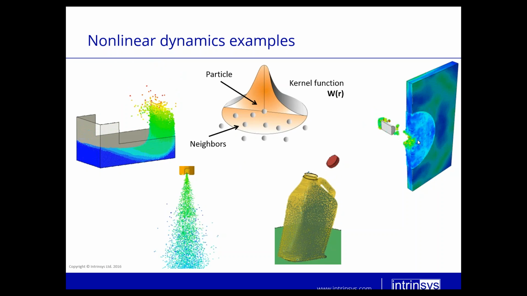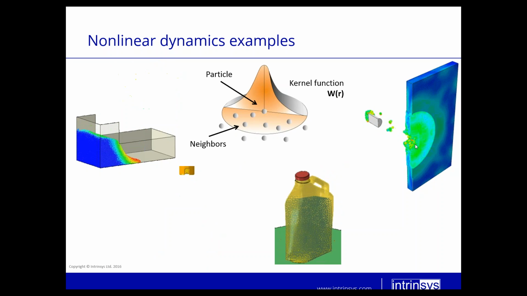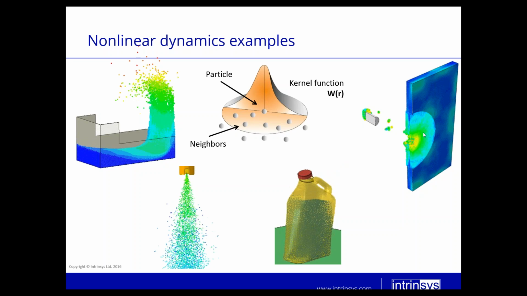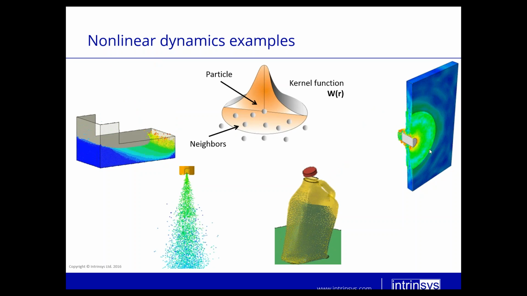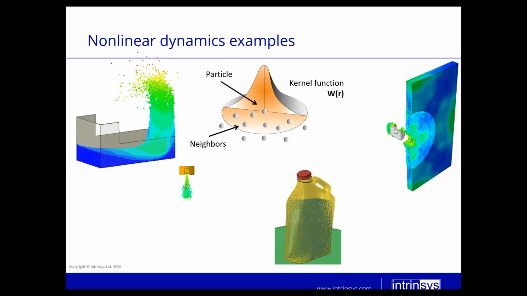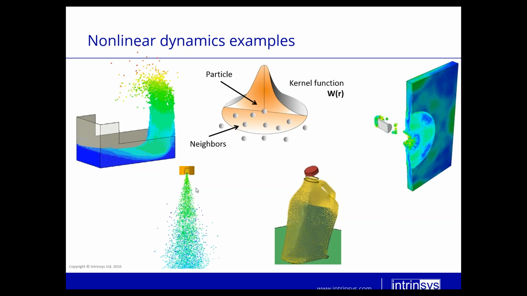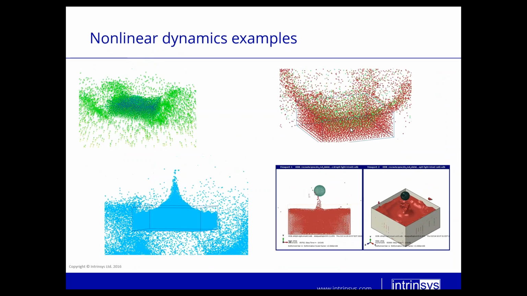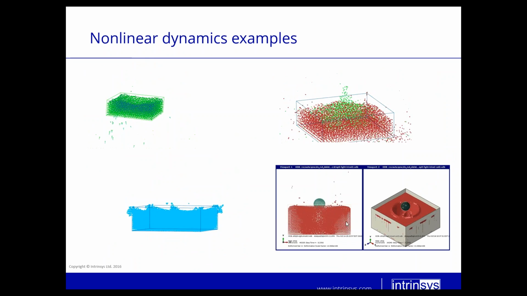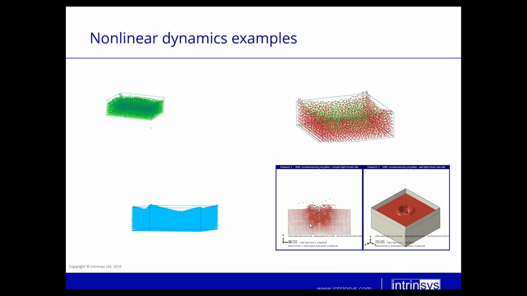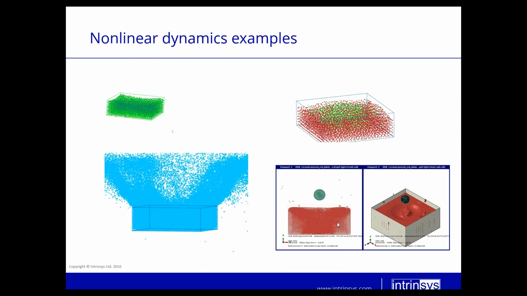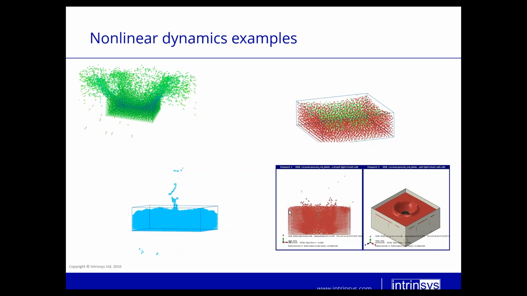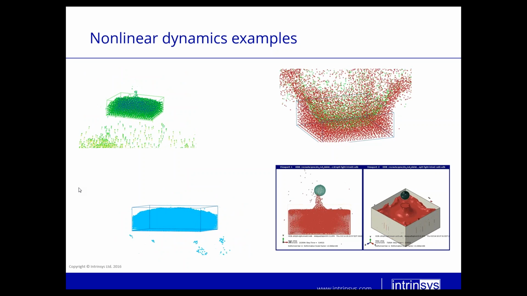This is an impact, so it does not have to be fluid. You can turn steel or other solids into particles, or you can simulate, for example, paint. You can simulate mixing or solid and fluid interaction. These are all possible using explicit dynamics and SPH.